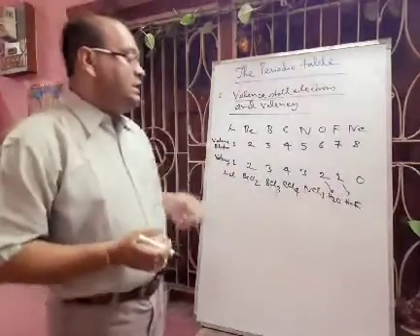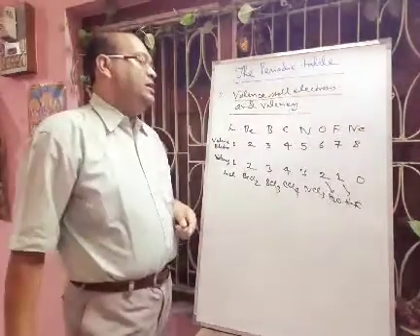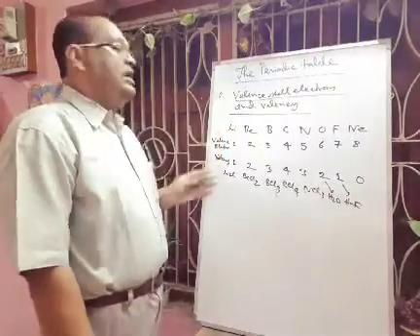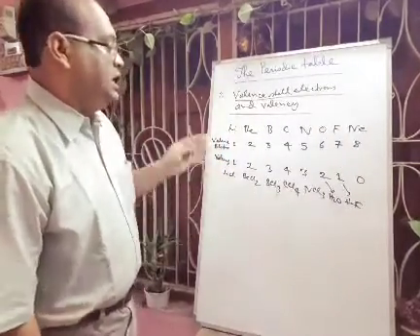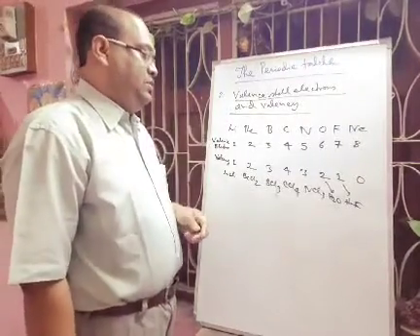Now we will discuss valence electrons and valency in a group. Whenever we are going in a group from top to bottom, the number of valence shell electrons remains the same.